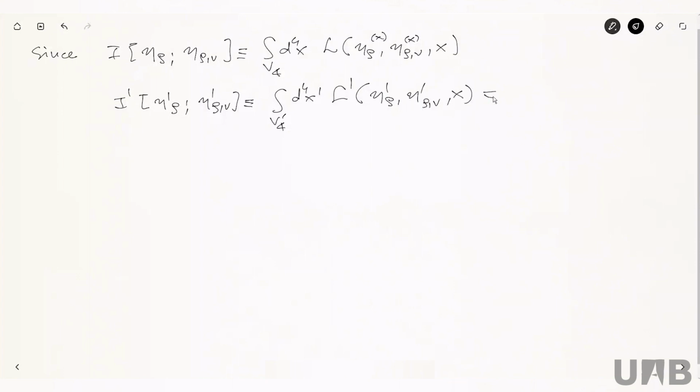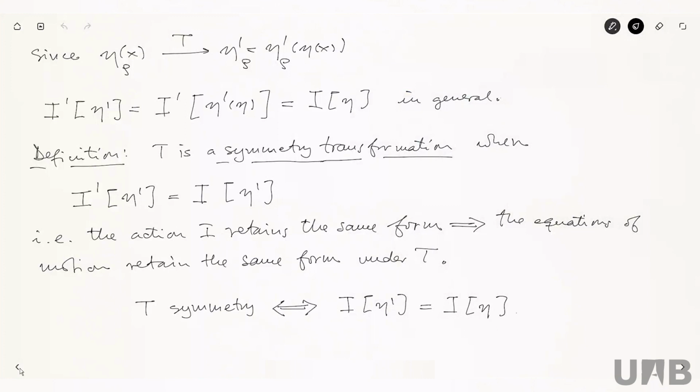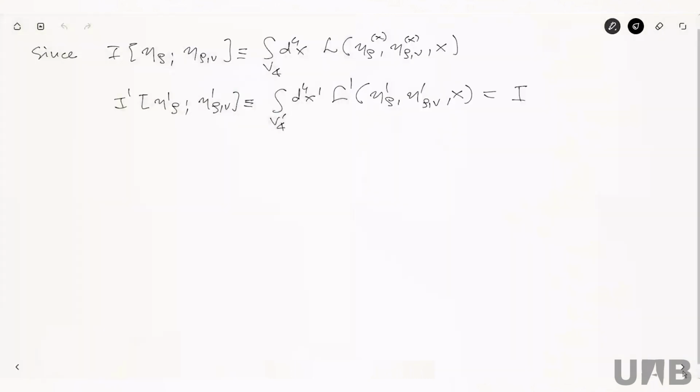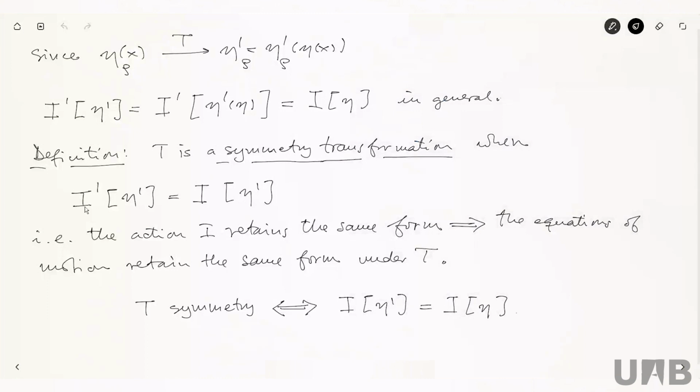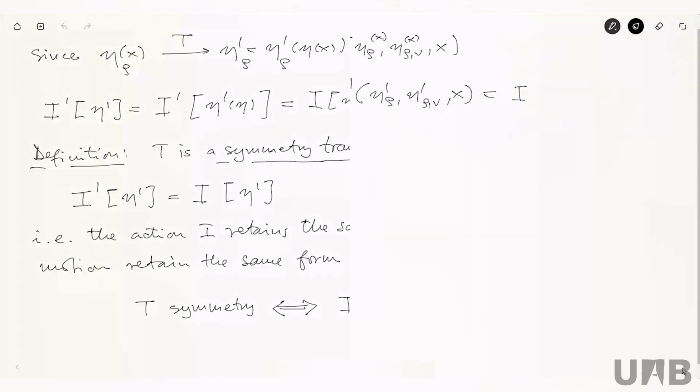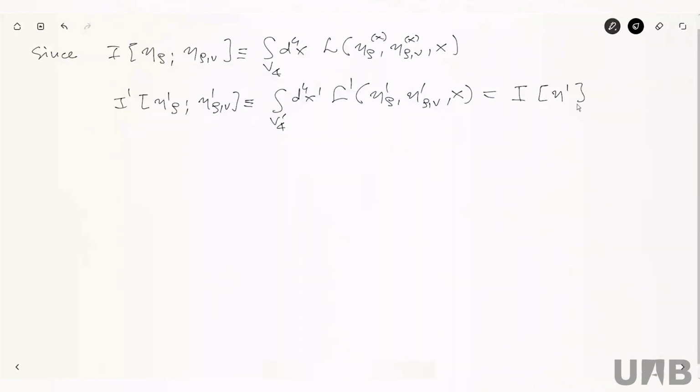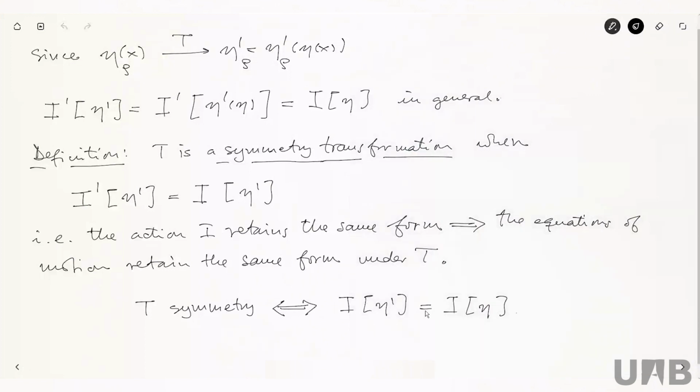And this has to be, so let me just go back. I of theta prime has to be I of theta, and also I prime of theta prime has to be I of theta prime. So this is the condition that we're imposing. The condition I of theta prime equals I of theta.